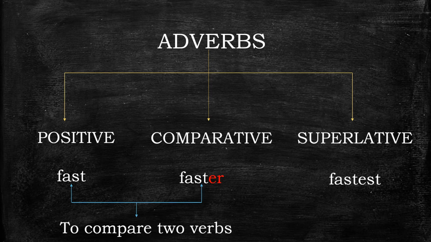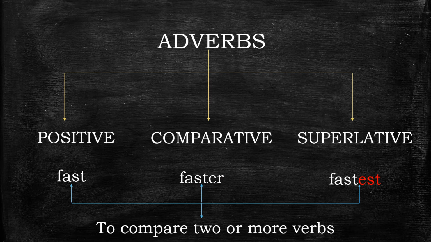Now when we compare two verbs, we add er to the positive degree to form the comparative degree. When we are comparing two or more verbs, then we add est to the positive degree to form the superlative degree.